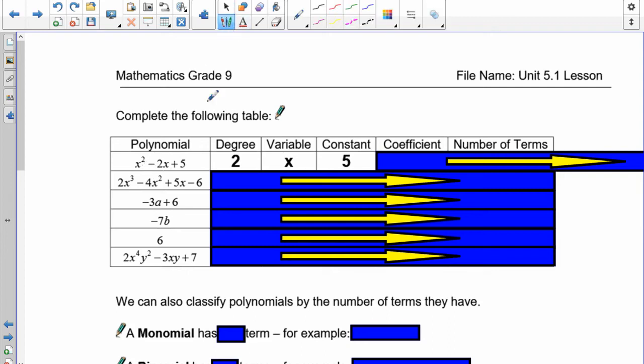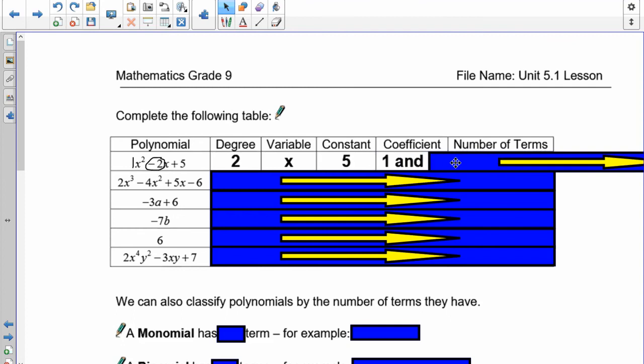The negative always stays with the coefficient, it never changes. And in front of here we have 1x squared, so the coefficient here is 1. So that means that we have here negative 2 and positive 1. And the number of terms, very simple, 1, 2, 3. There you go, the number of terms is 3.